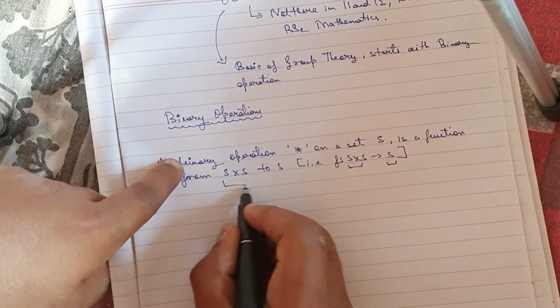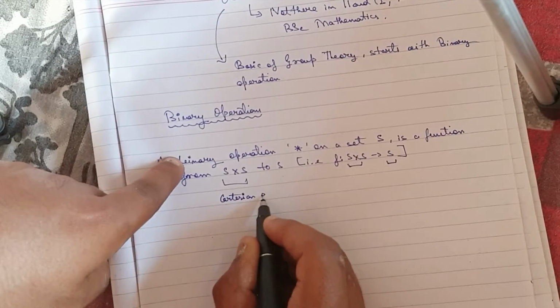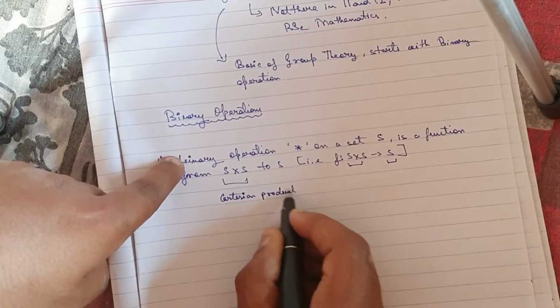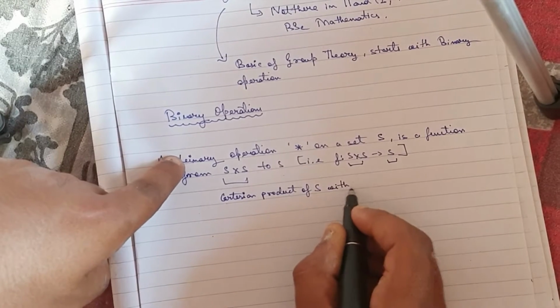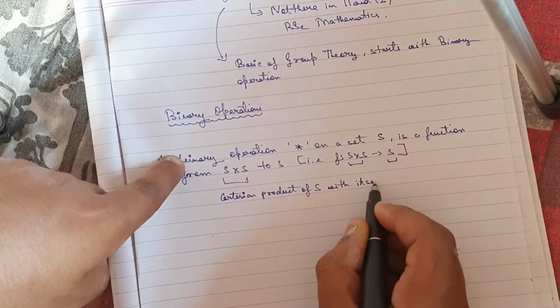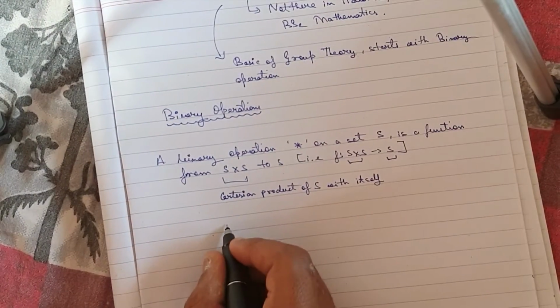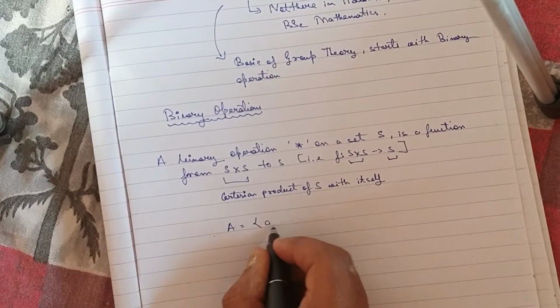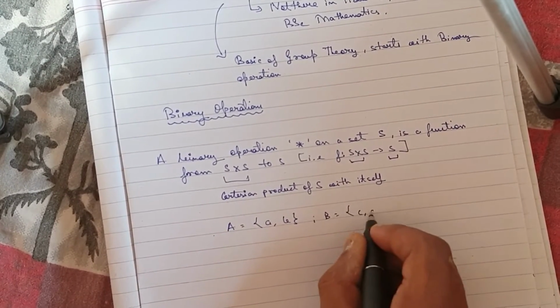What is S cross S? It is the Cartesian product of S with itself. Cartesian product of S with itself. Okay, you remember Cartesian product, right? Suppose you have two sets, A equal to {a, b}, and B equal to suppose {c, d}.